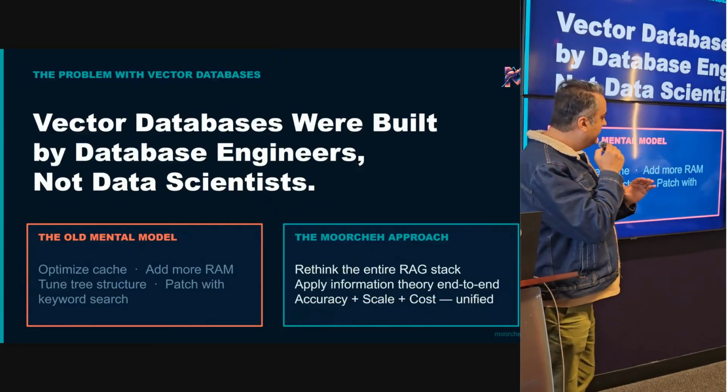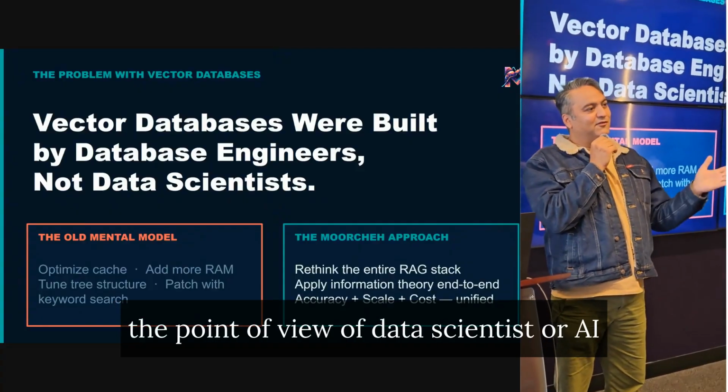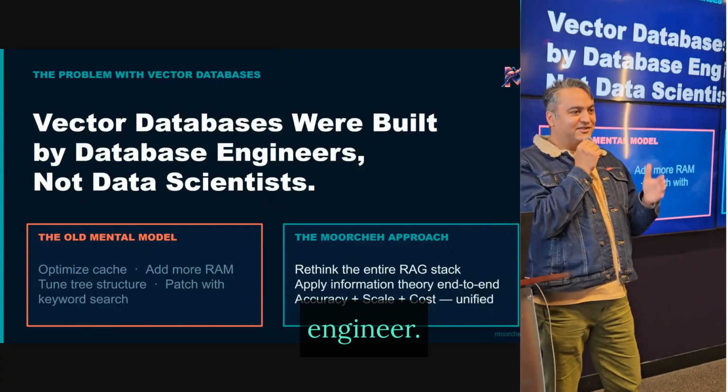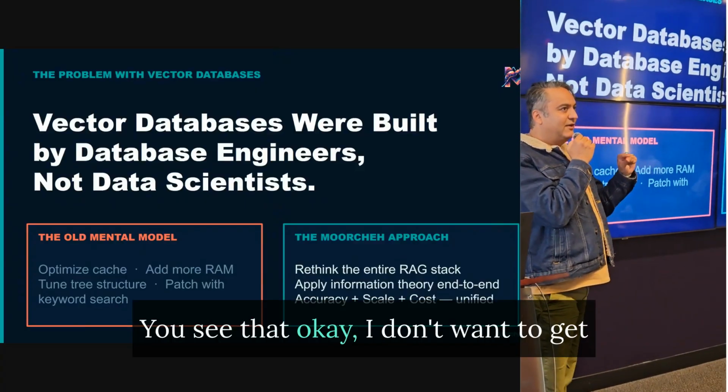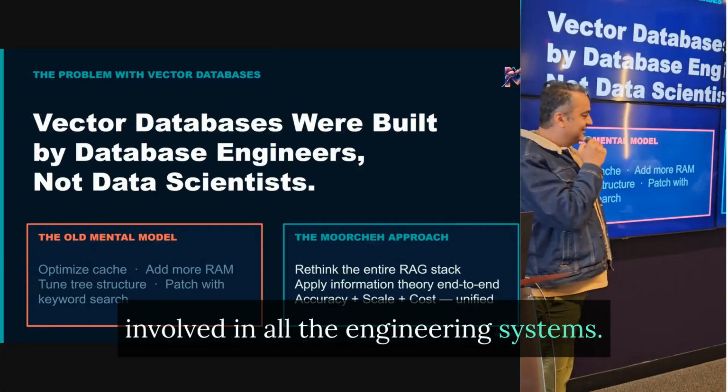So if you look at the problem this way, from the point of view of a data scientist or AI engineer, you see that, okay, I don't want to get involved in all the engineering systems.